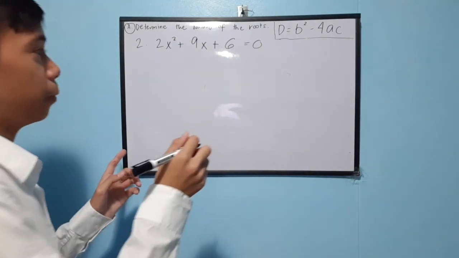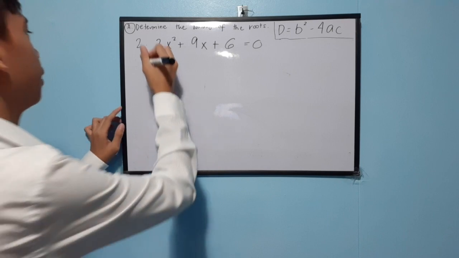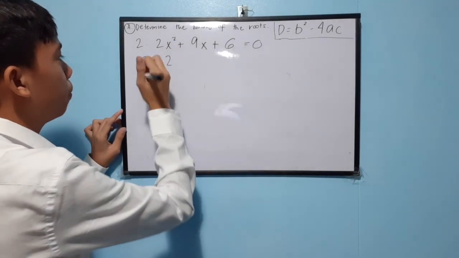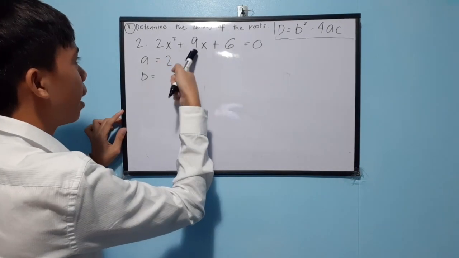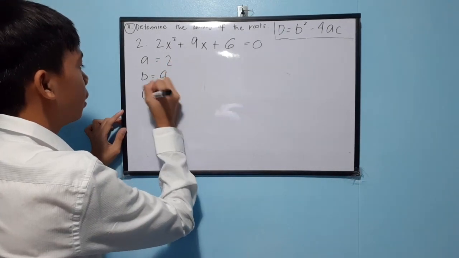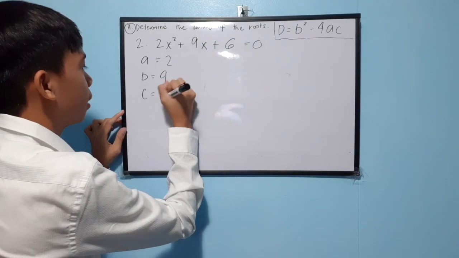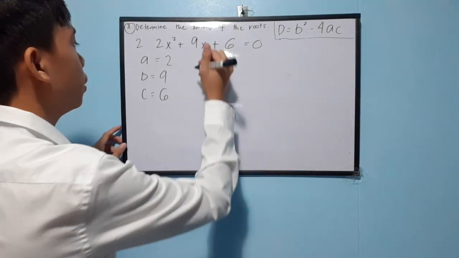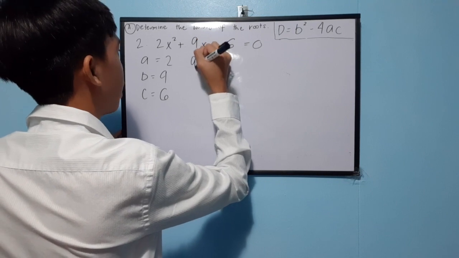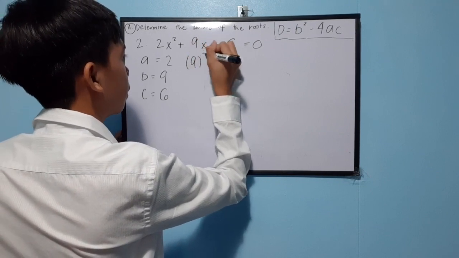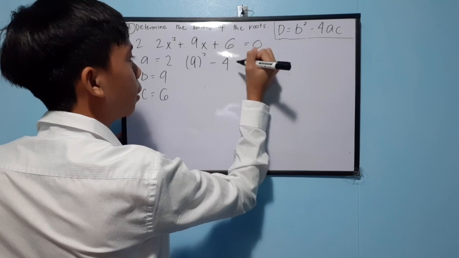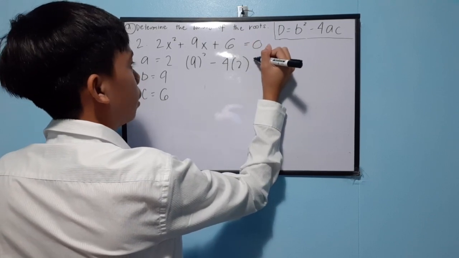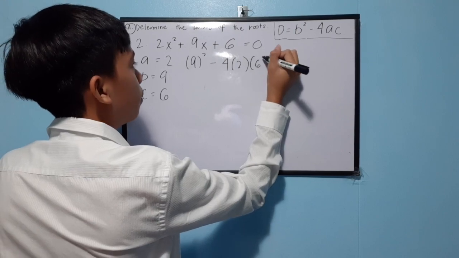Now, let's determine the a, b, and c again. A is 2, b is 9, and c is 6. Now we need to solve for the discriminant. So b is 9, minus 4, 2, and times 6.